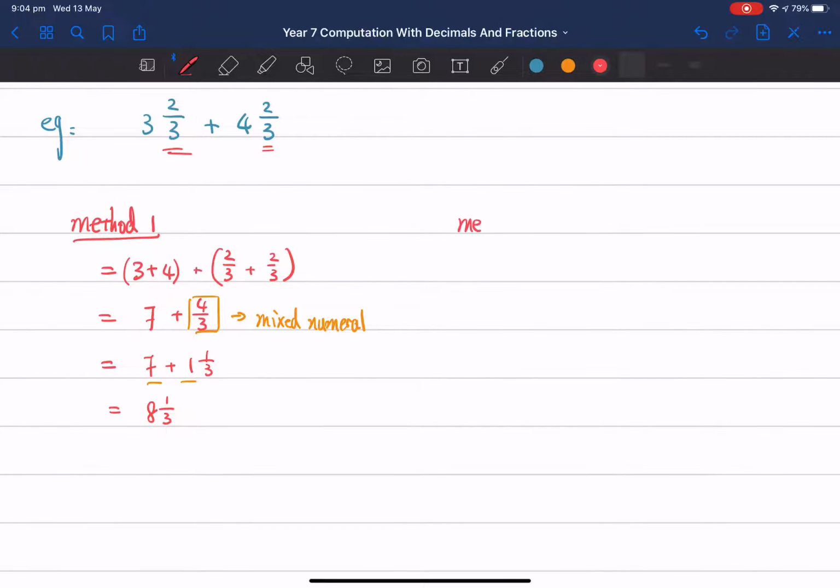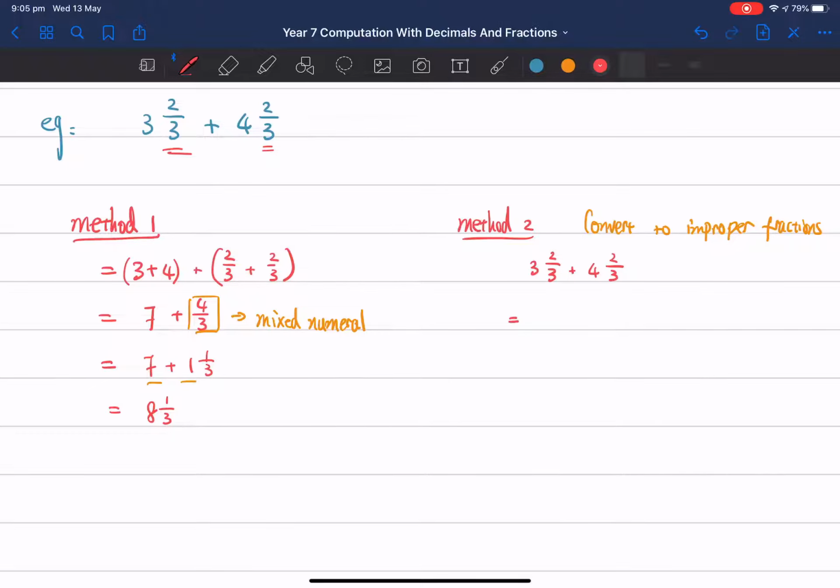The second method with this question is you change the mixed numerals back into improper fractions. So convert to improper fractions before you add the fractions together. I feel like I will use this method, especially with subtractions.